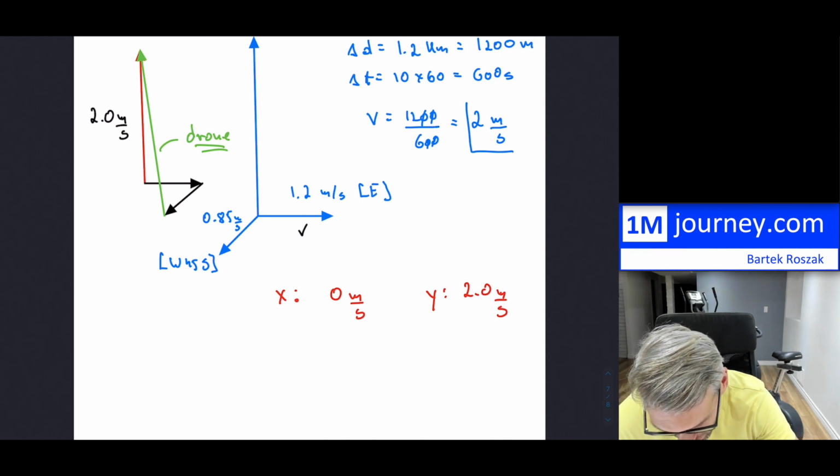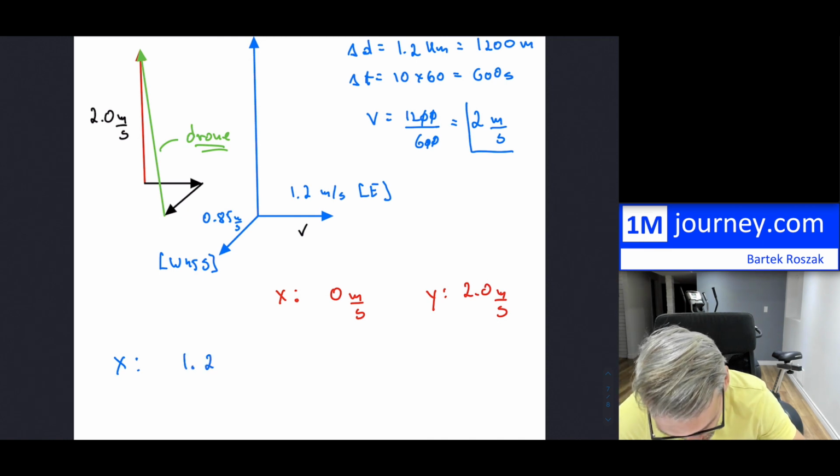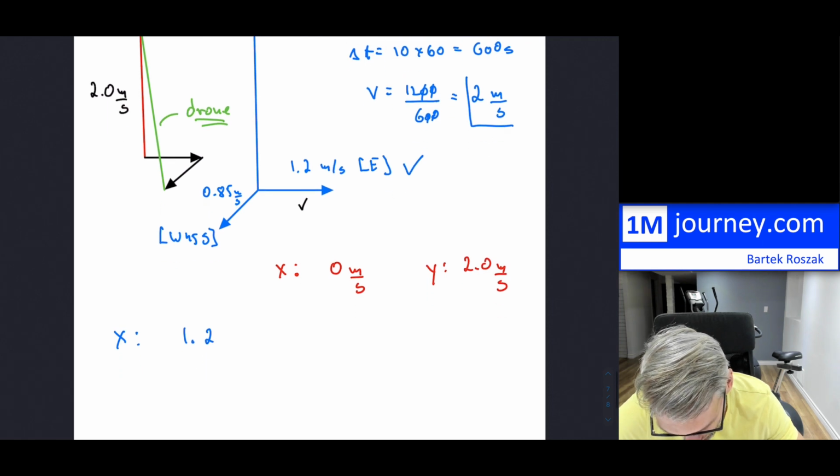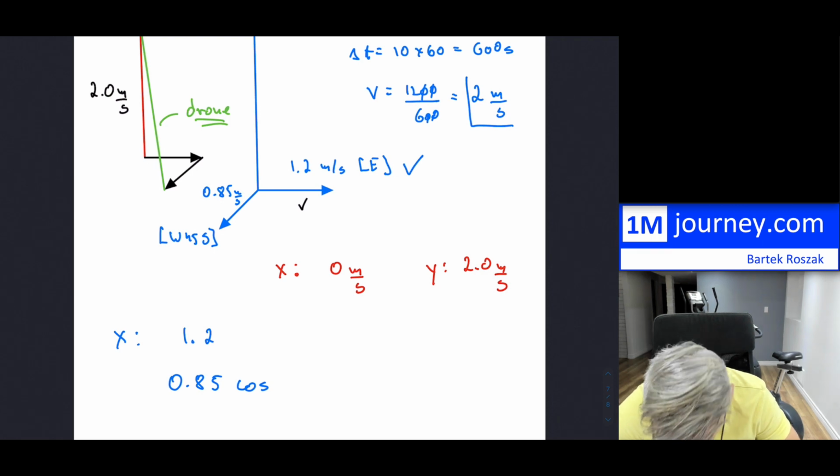In the X direction, we know we have 1.2 meters per second, that's east, so that's taking it off course. And that second one is going to be the 0.85. Now, that's going to be negative, and notice it's at 45 degrees, so it's going to be 0.85 times cos 45 degrees.